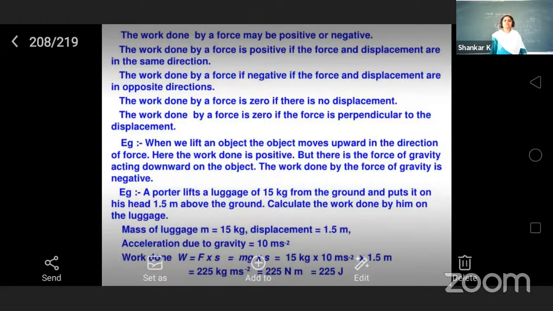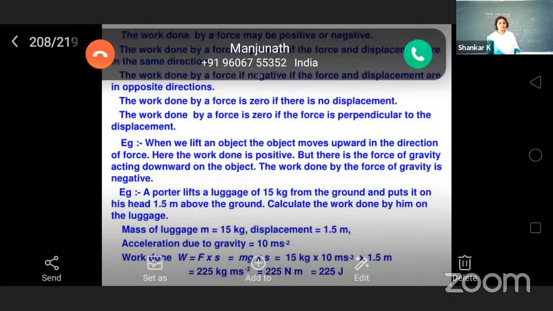So how much was the luggage? It is 15 kg from the ground, put on his head 1.5 meter above the ground. Whenever we keep heavy things on our head, we have to bend.